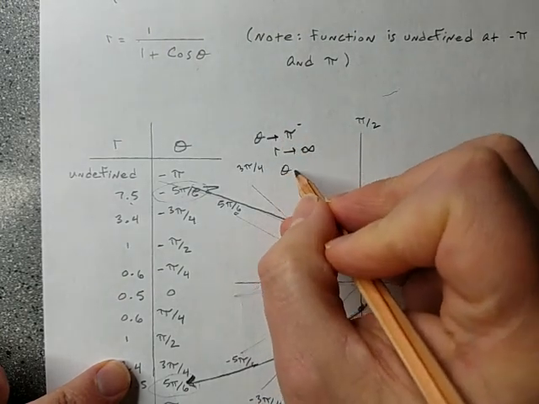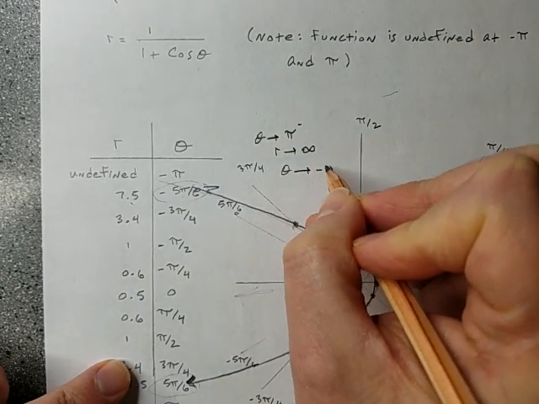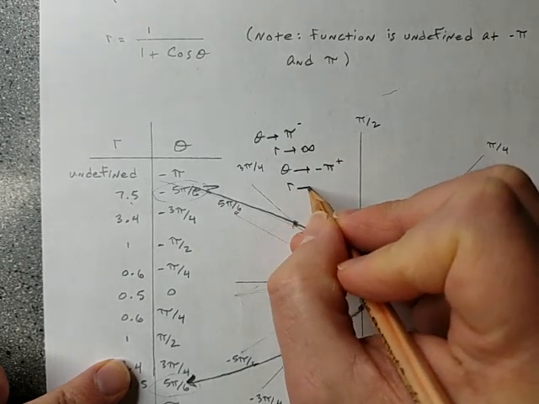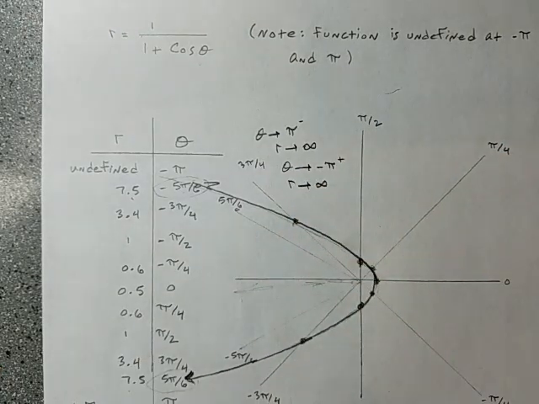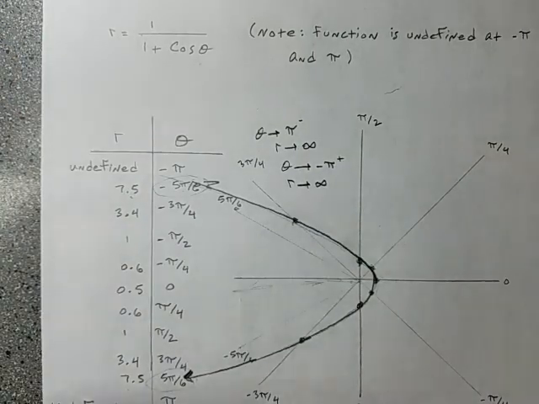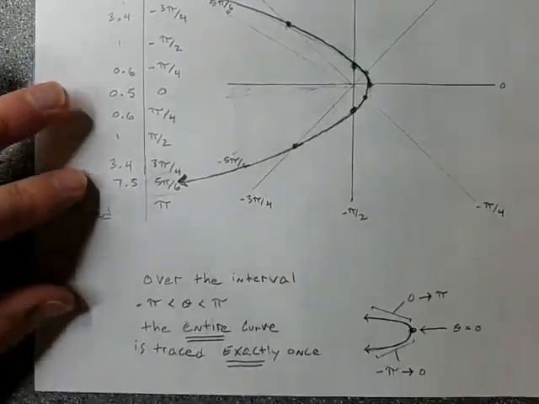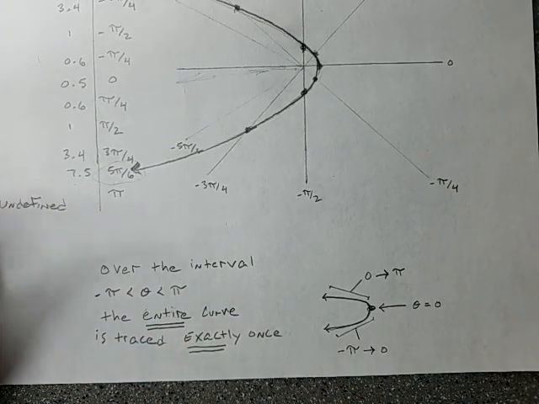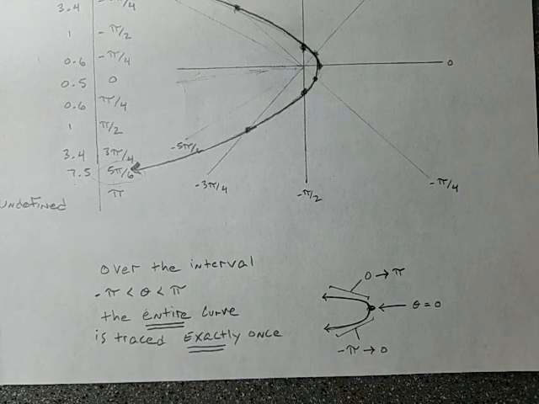And as theta goes to negative pi, all right, from above, then r will also go to infinity. So from that, I can get a little more insight: over that interval, the entire curve, every single point on it, will be traced exactly once.